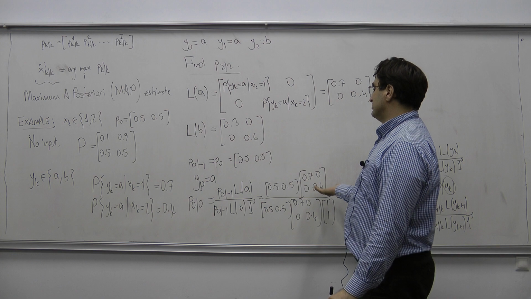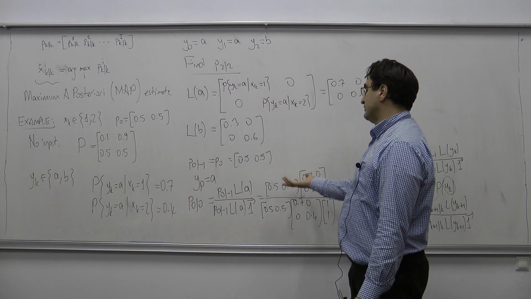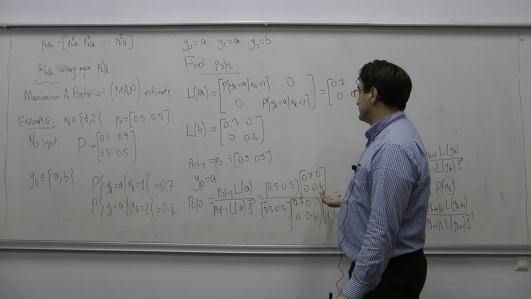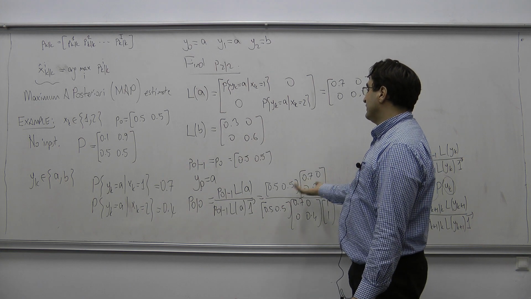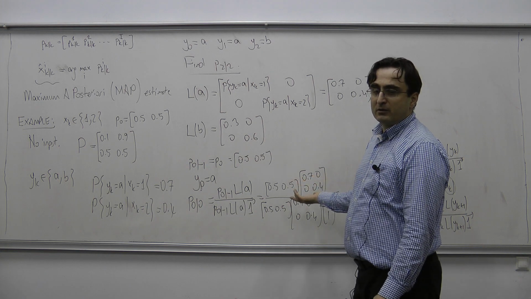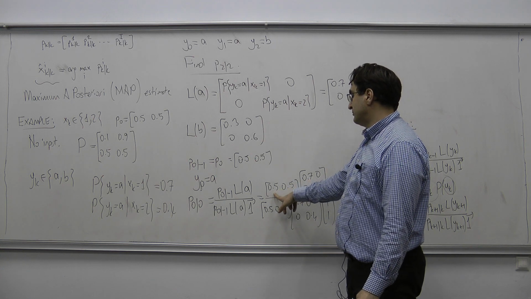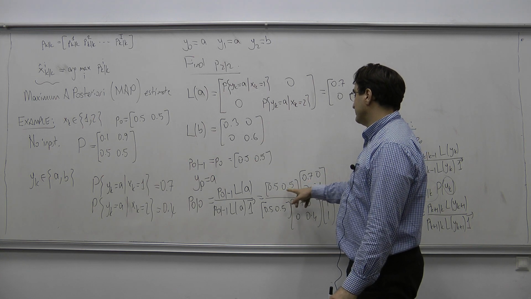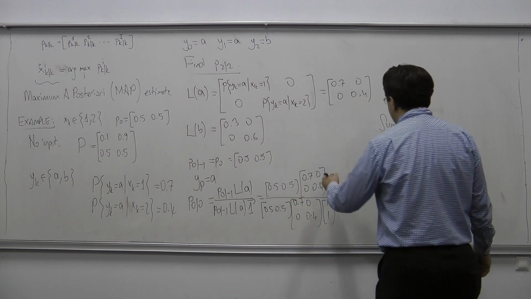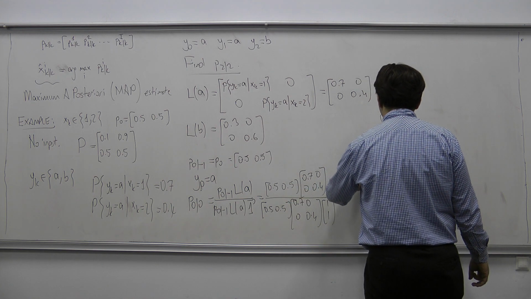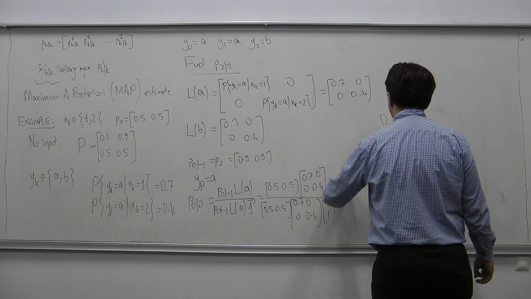So here we have expressed this operation as a matrix-vector multiplication, but you do not have to do a matrix-vector multiplication. You can just multiply this 0.7 with this 0.5 and 0.4 with 0.5, okay? And that is going to give me 0.35, 0.2.